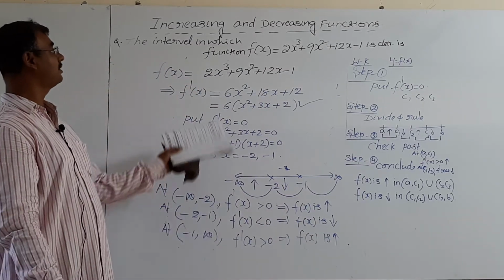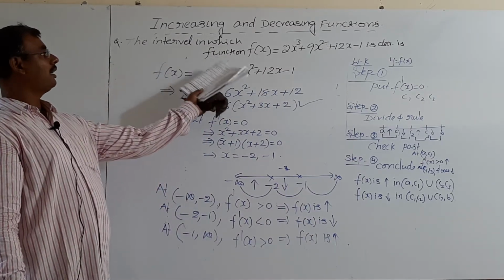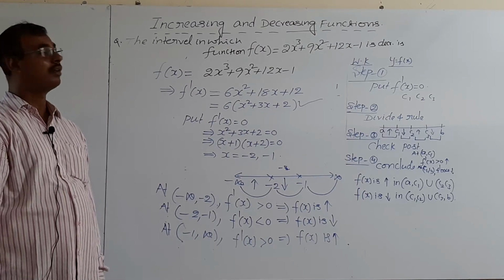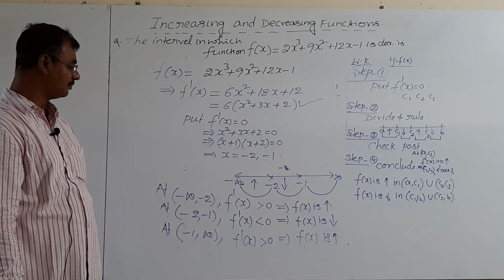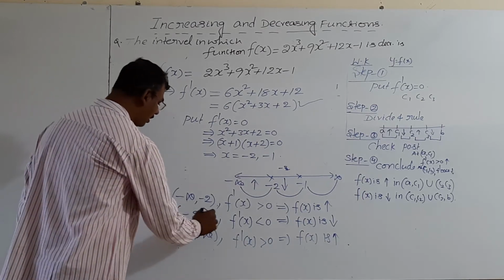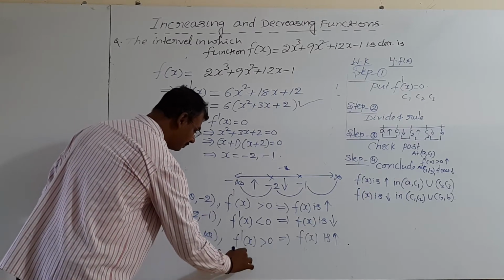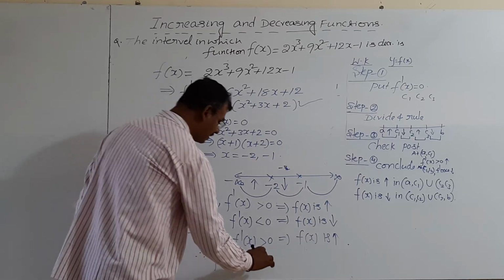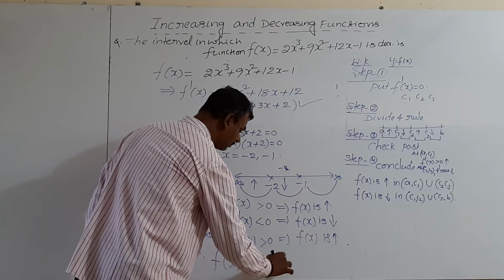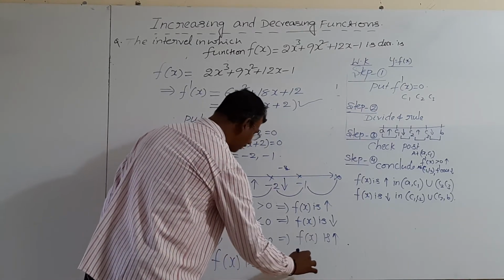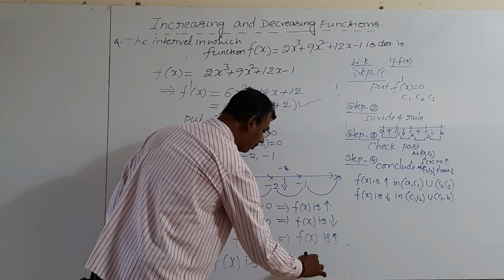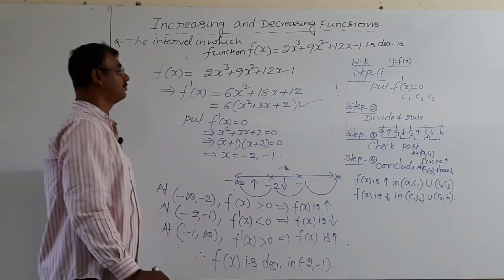The question is, in which interval is the function decreasing? -2 comma -1. Therefore, f of x is decreasing in the interval -2 comma -1.